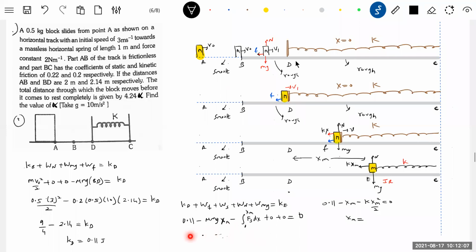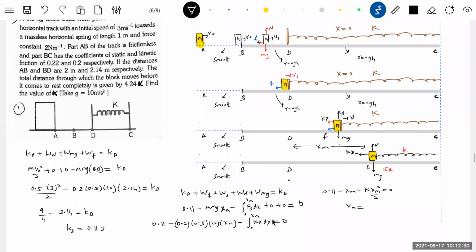Let me write it in order, because this is a very important step. 0.1, mu is how much? 0.2, 0.5, 10 xm. Solving all this, we will get the value of xm.